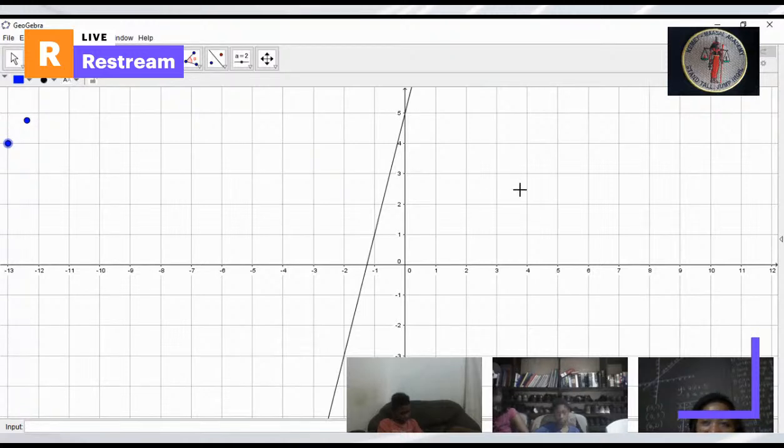Now the gradient tells the steepness of the line. Some lines are very, very steep, almost approaching a 90-degree angle. Some lines are more gentle, from 45 degrees down. We have a gentler slope. So that's what we mean by the gradient of the line. And you are able to tell the gradient by the number that is in front of the x value.